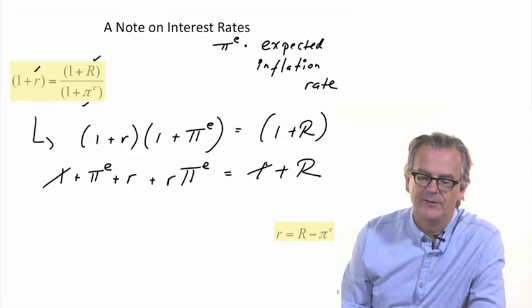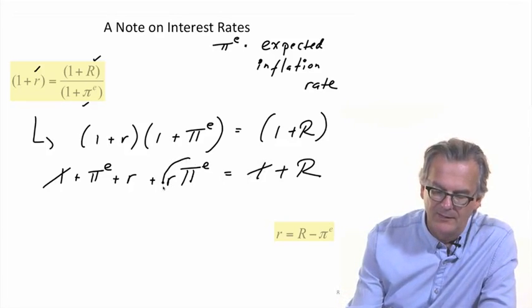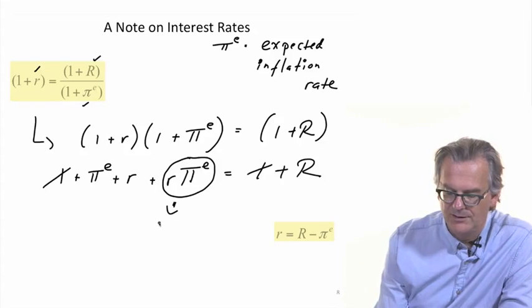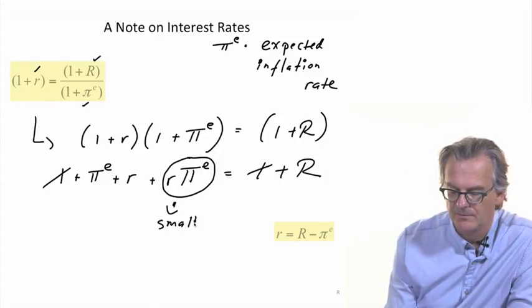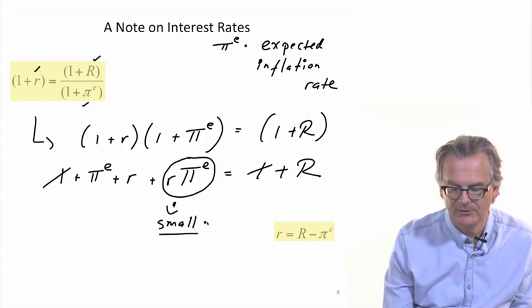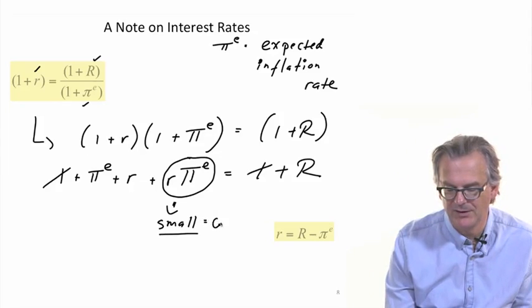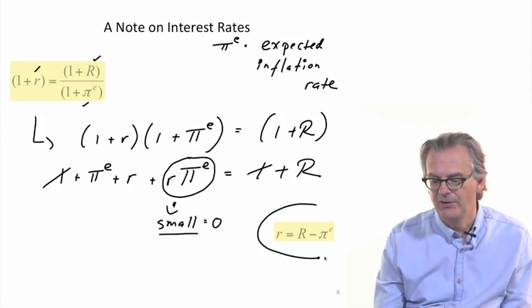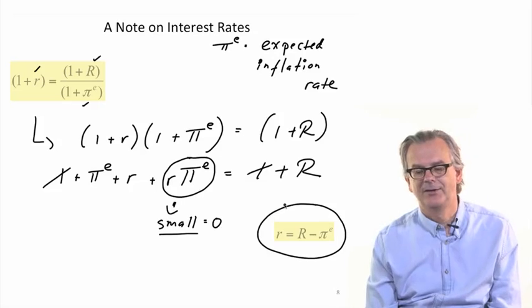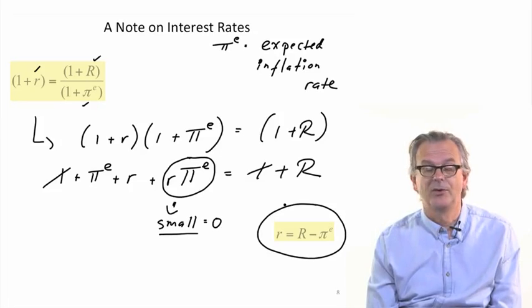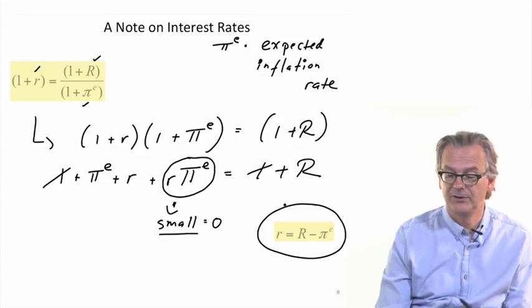Subtract 1 from both sides, and this expression here is usually very small. You're usually multiplying two very small numbers in that case, so let's, just for convenience sake, call that equal to 0. What you're left with, if you rearrange it, is that expression there, and that's the one we'll work with, that the economy's real interest rate is equivalent to the nominal interest rate minus the expected rate of inflation.